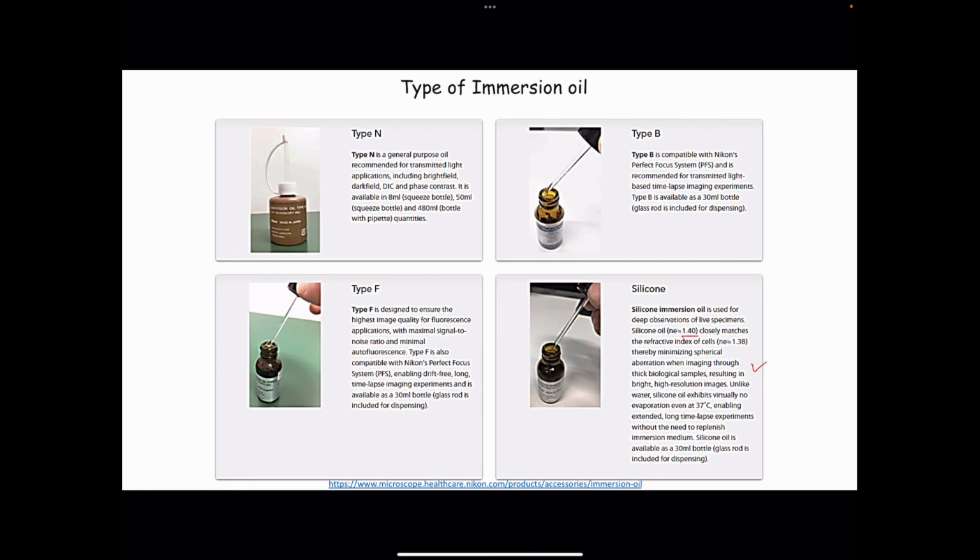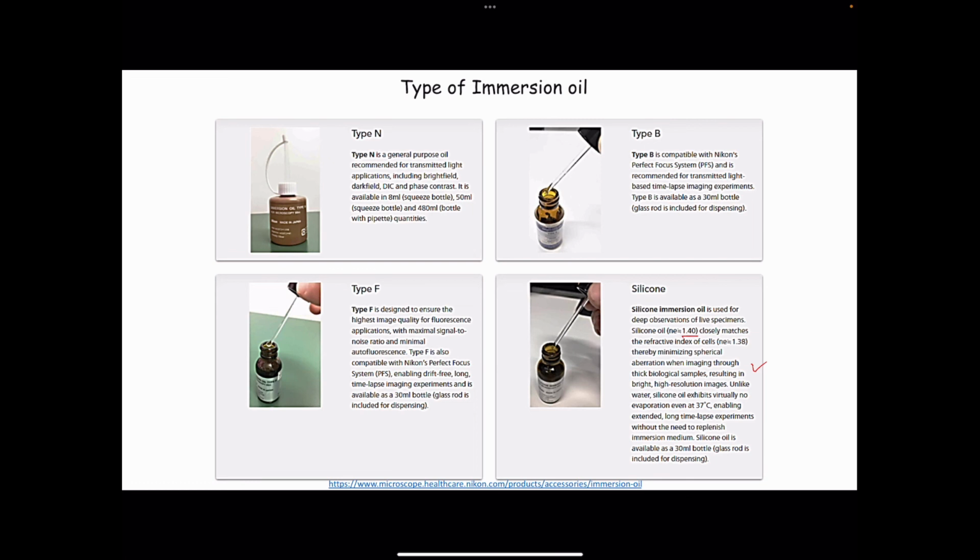You also do not need to replenish the oil again and again, because that oil stays and is not evaporating anytime soon. So that makes it extremely suitable for the observation of specimens which are very broad along the z-axis, or in the axial direction.